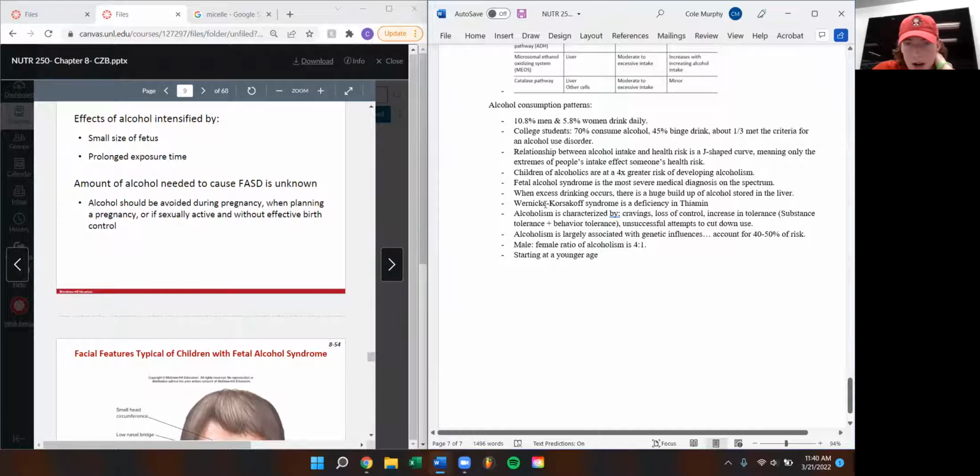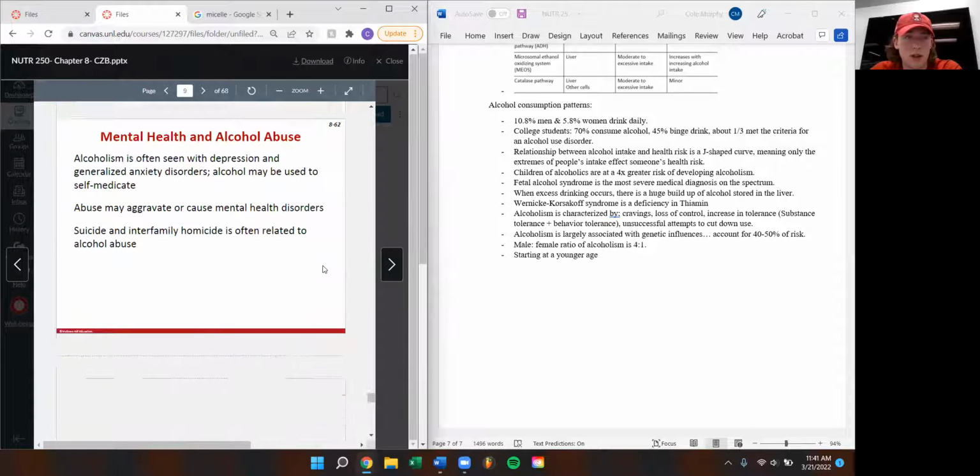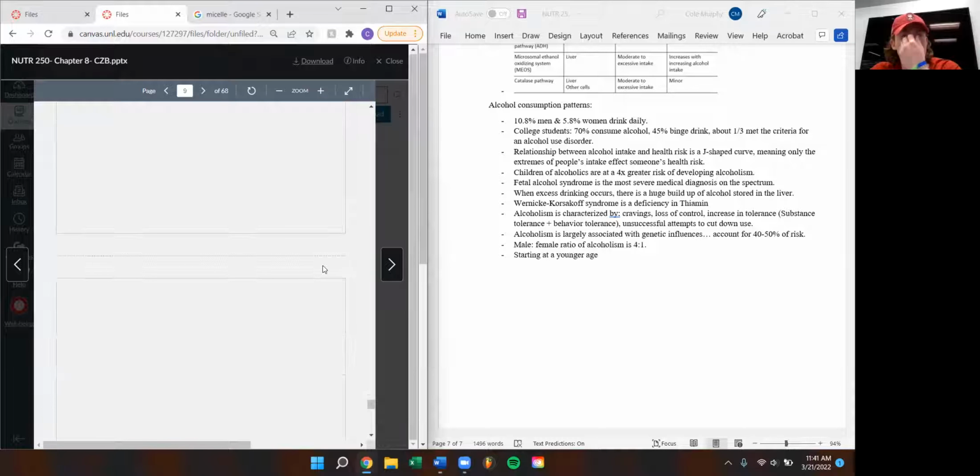Alcoholism is also characterized by unsuccessful attempts to cut back on alcohol use. Two more things here: the male to female ratio of alcoholism is 4-to-1, which was surprising to me.